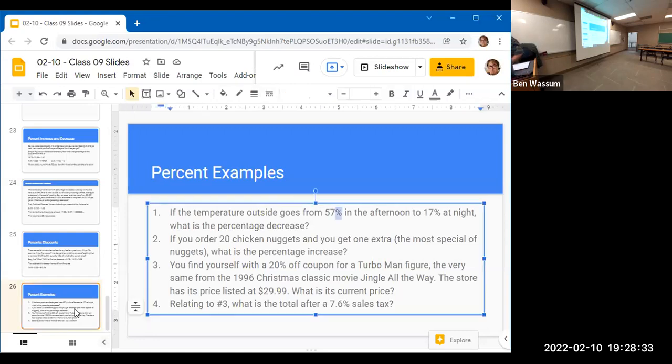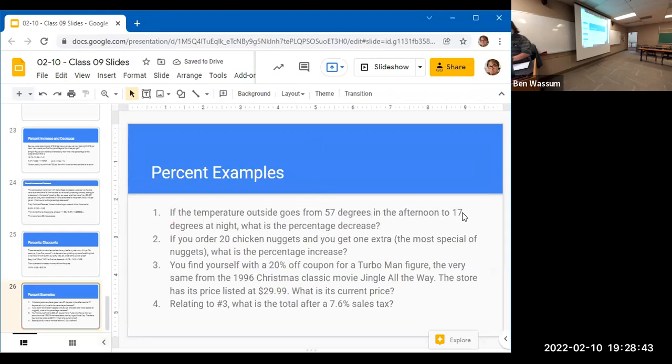This is clearly supposed to be a degree symbol. Oh, tired Ben was at it again.